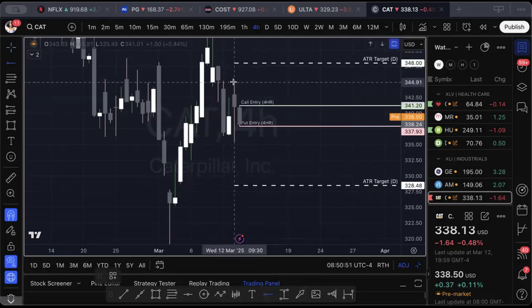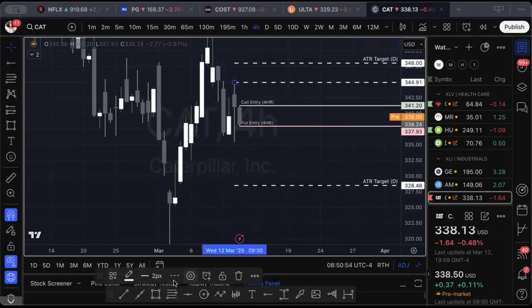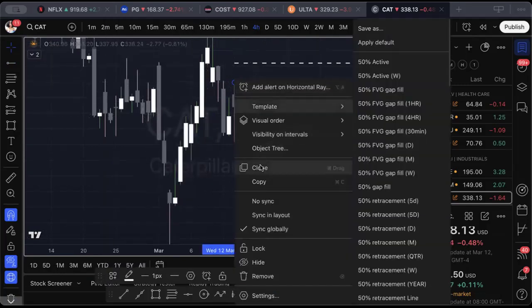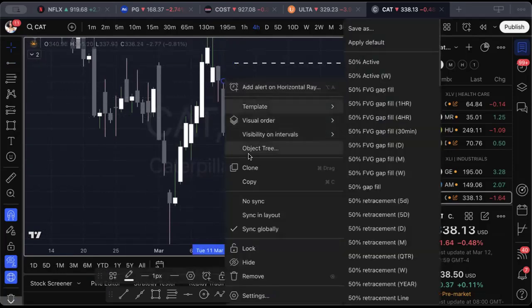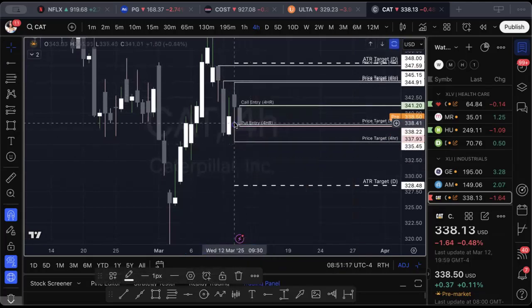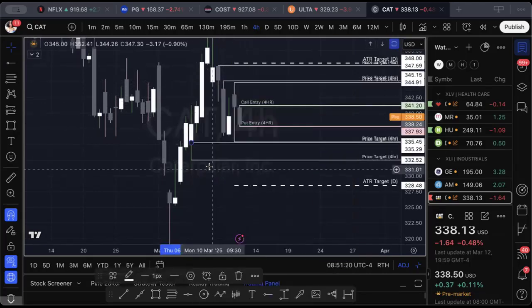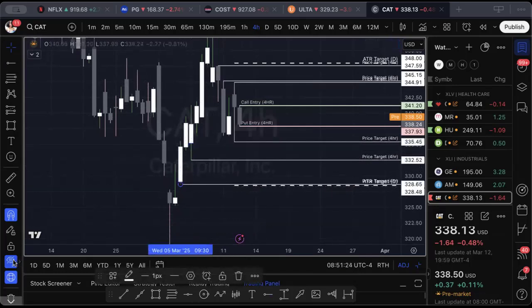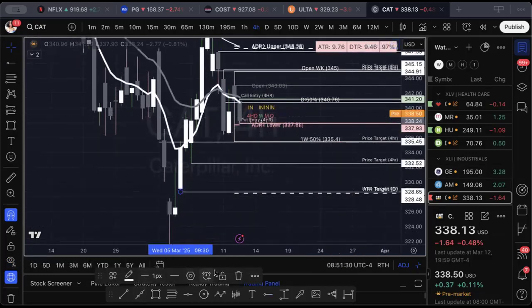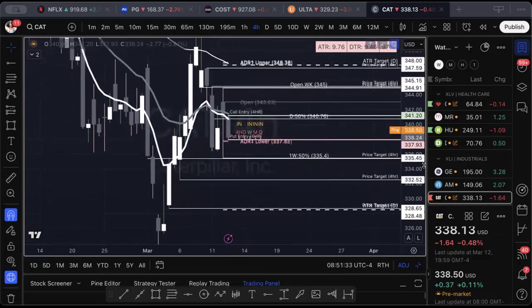All right, great. Now we do have CAT mapped out, and we are looking at a strike price of 345.